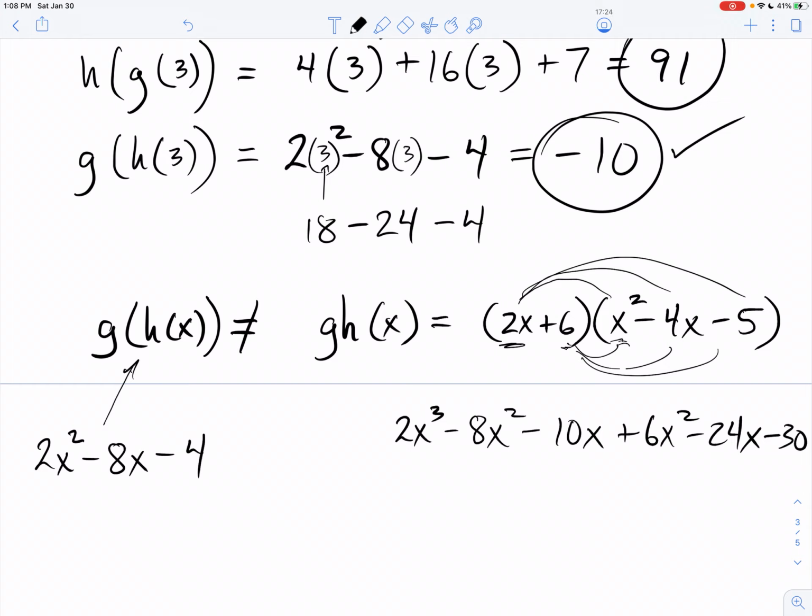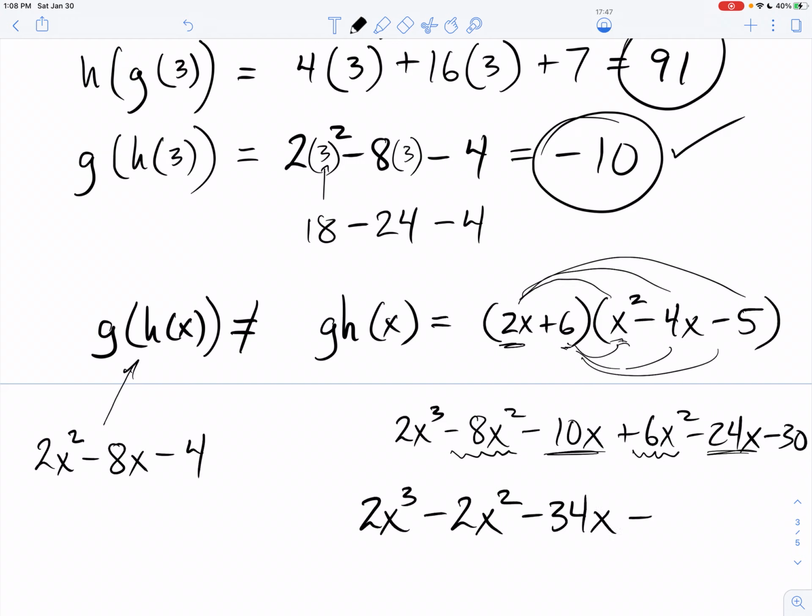I'm running out of room. Let's smush it together, make it smaller. 2x cubed is the biggest term. I have a minus 8x squared. I have a plus 6x squared. That's minus 2x squared. I got a negative 10x and a minus 24x. That's negative 34x.